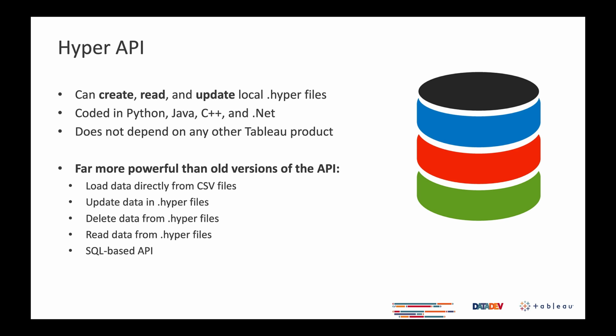You can update individual rows of data or delete data from .hyper files. These databases, we can call them database files almost, right? So this full CRUD capability via the SQL-based API lets you fit the Hyper API into just a huge number of workflows that we'll see in a second here.